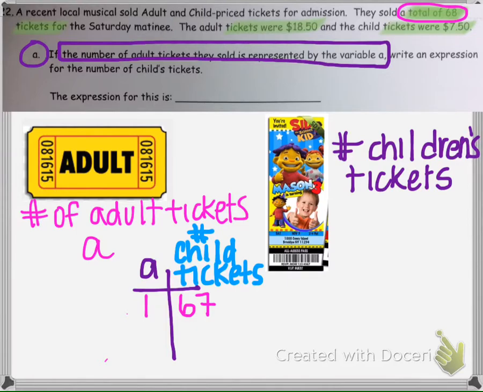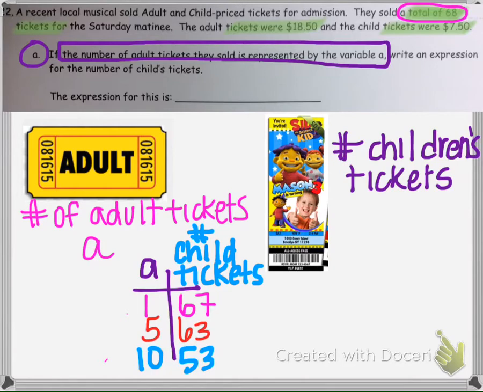Let's say there are 5 adult tickets. Then 68 minus 5 would be 63 children's tickets. And let's say there are 10 adult tickets. That would make 58 children's tickets.